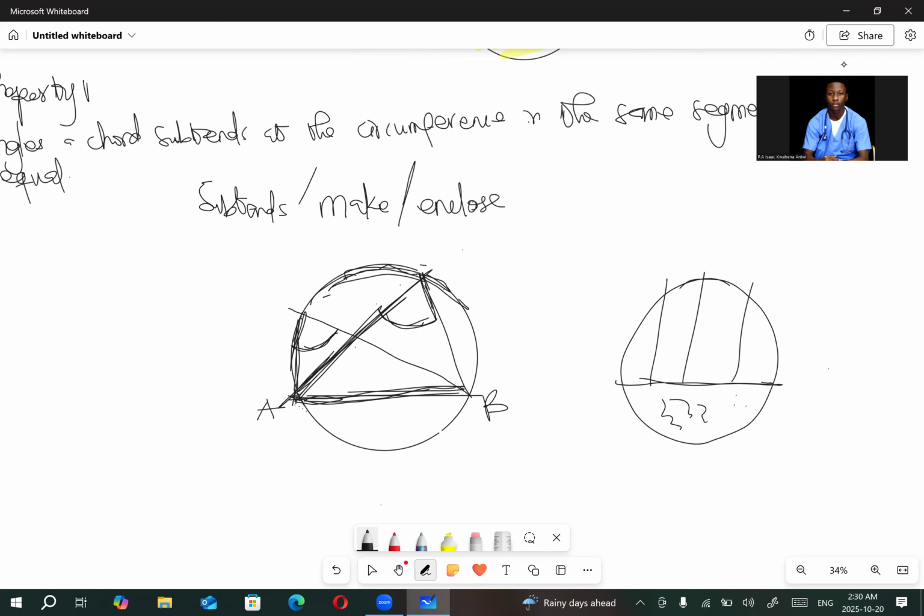So when a chord produces several angles on the circumference at one place, I mean they are all occurring in the same segment. A segment is the division created when you produce a chord. So they are all happening here. It's not like one is here and one is there. So at one place. Now let's read the property together.